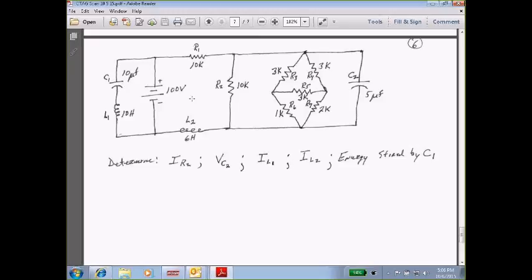Well, I'm going to use the current divider rule, and I'm going to go to this first junction right here. Coming into that junction, I would have my total current, which is 8.5 milliamps. In this direction, for I2, looking at that leg, I've got 10K of resistance. My resistance back this direction was 2.2K.